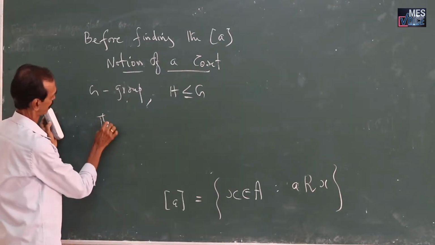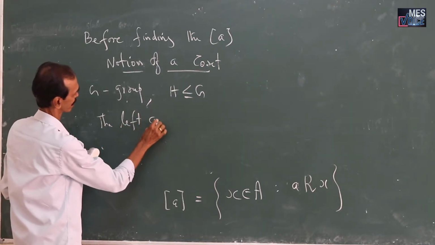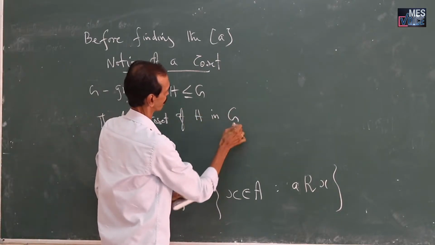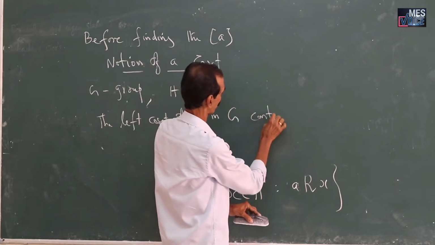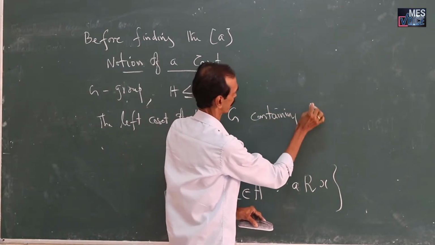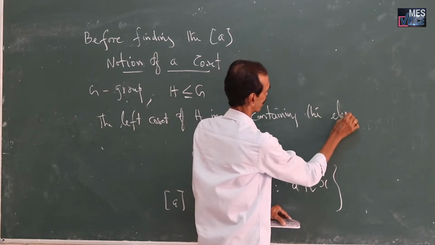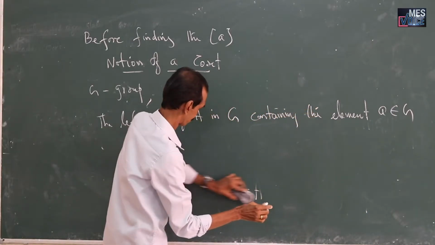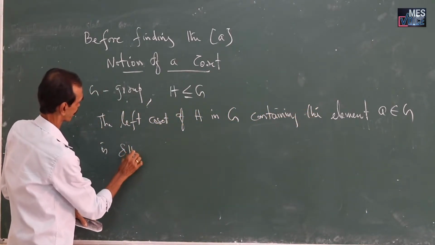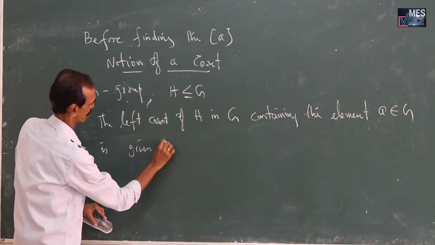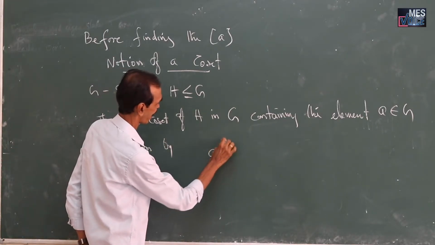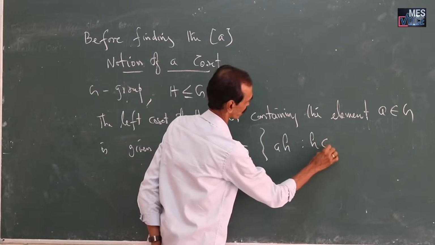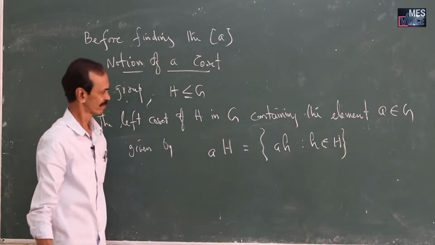Look, the left coset of H in G containing the element A belonging to G is given by AH equals the set of all ah, h belonging to H. So, a very simple definition.